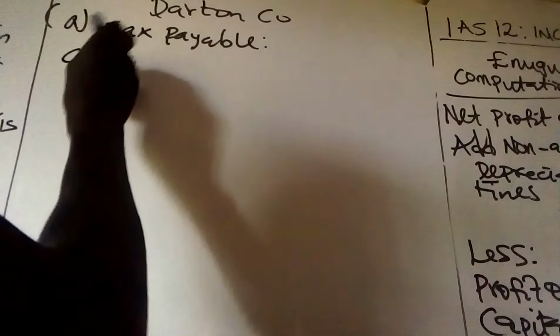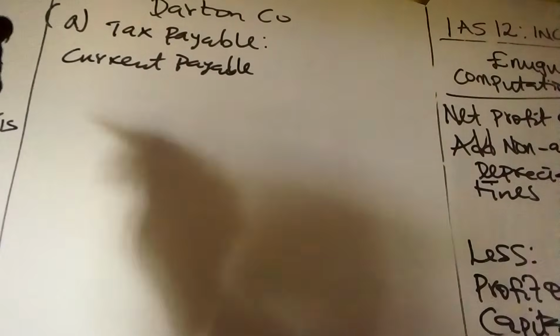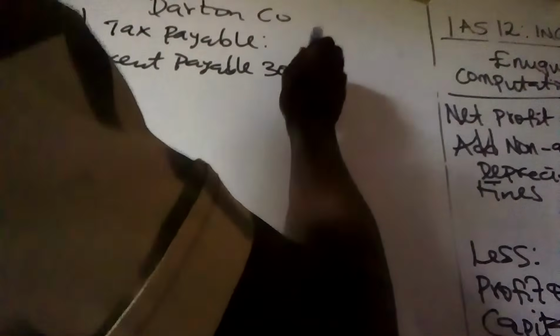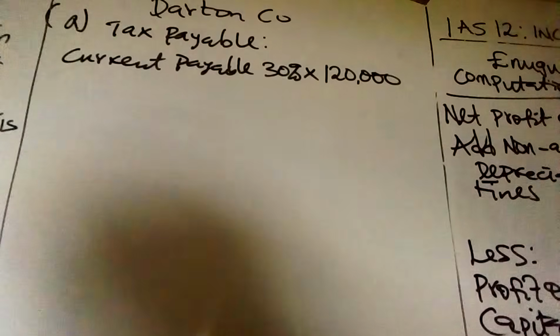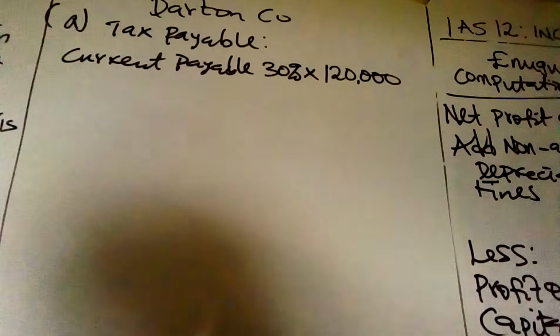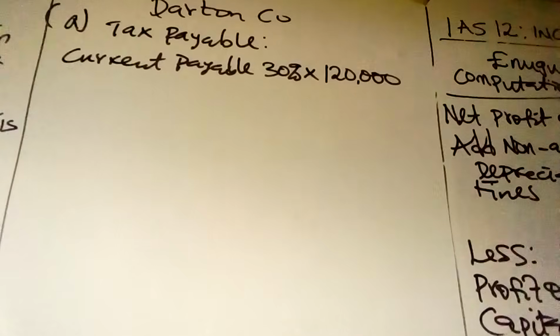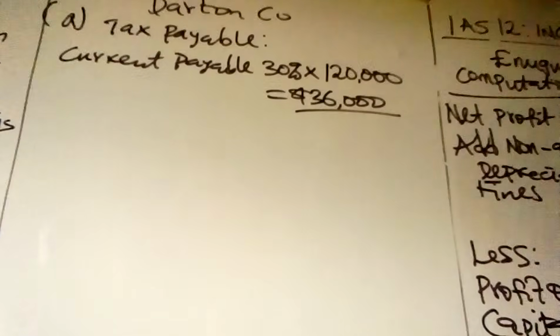I've told you that your tax payable, which is your current tax, you apply your tax rate, which is given to be 30%, of the taxable profit. Our taxable profit is 120,000. So 30% of 120,000 will give us 36,000. That is the amount of tax payable for the period.